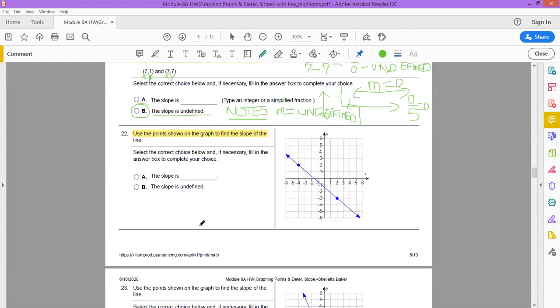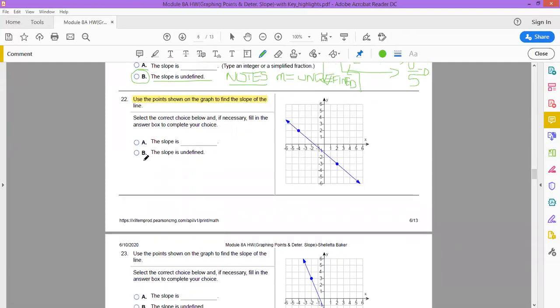Now let's look at number 22. You're using these points that are identified on the line to find the slope. So we're using the same formula we used a moment ago. M equals y sub 2 minus y sub 1 divided by x sub 2 minus x sub 1.